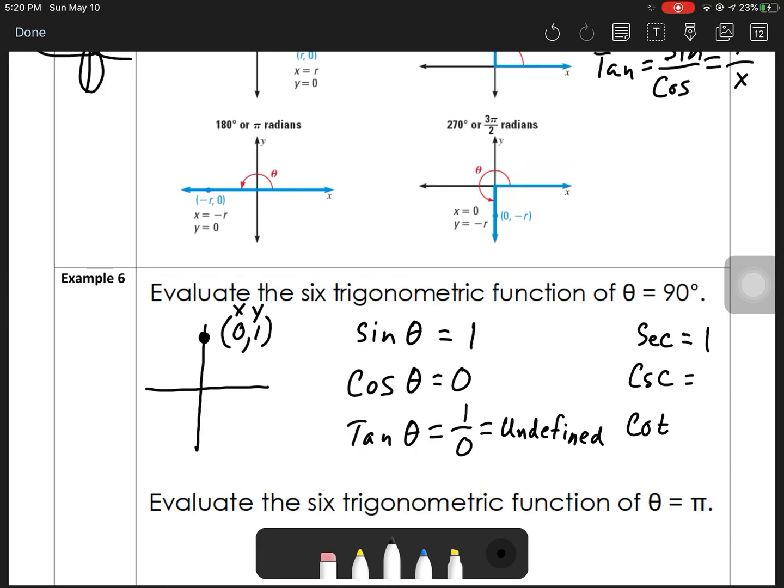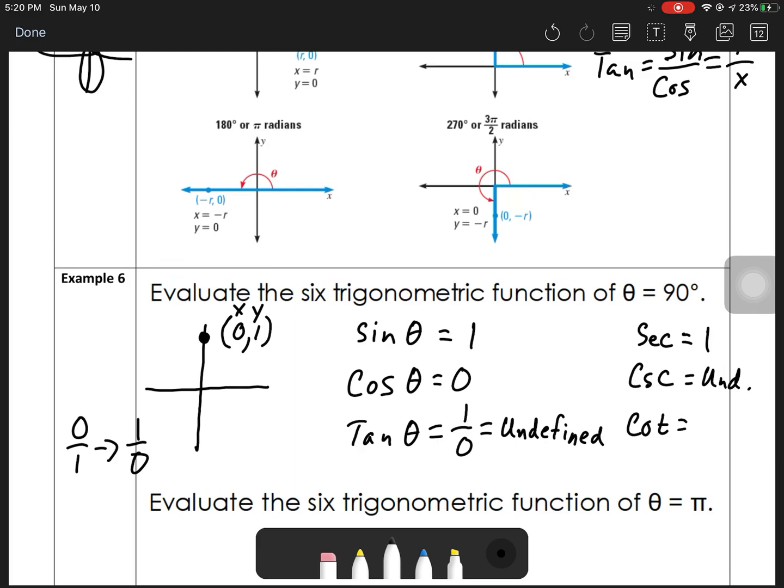So secant, reciprocal, those are going to be the same. Now, cosecant, you can't have the reciprocal of 0. Because then you would be taking, I'll do it off to the left here, 0 over 1, and that becomes 1 over 0. Doesn't work. So this is going to be another undefined, and you can just put UND period.